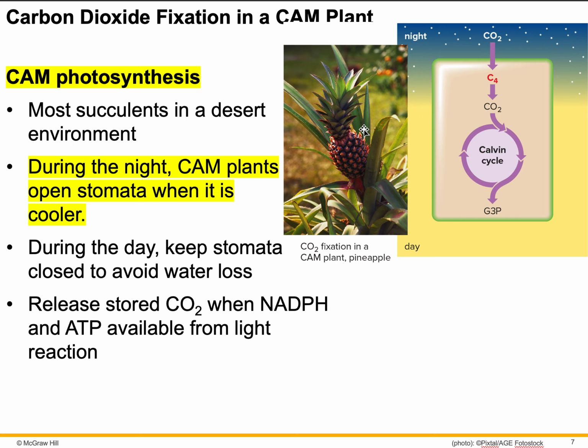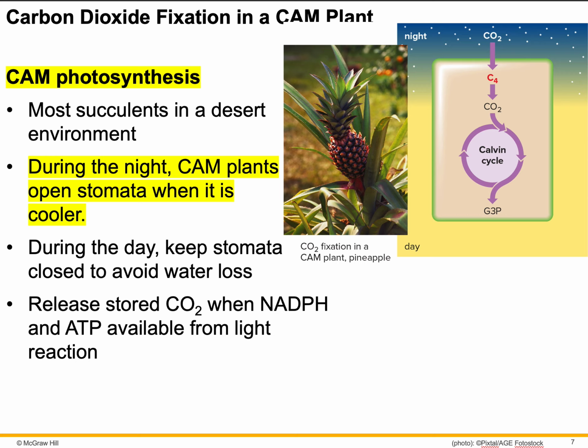Plants that grow in arid conditions, arid means it's really dry and there's probably not a lot of water, cannot just be photosynthesizing in the same manner because they would lose a lot of water. So what these plants do, and we call these CAM plants, C-A-M, CAM plants, is that they only open their stomata when it's cooler.